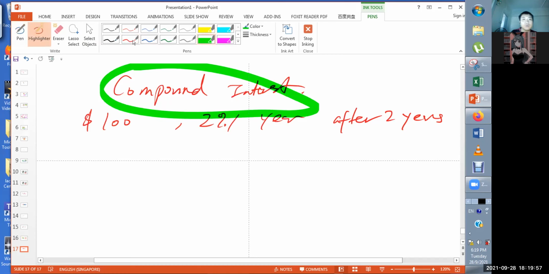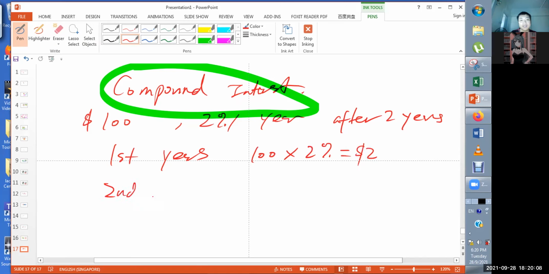First year, the interest is 100 times 2%, that's $2. The second year, you don't start with 100, you start with 102, because you collected the $2. So this 102, you times 2%. What do you get? Can you help me out?